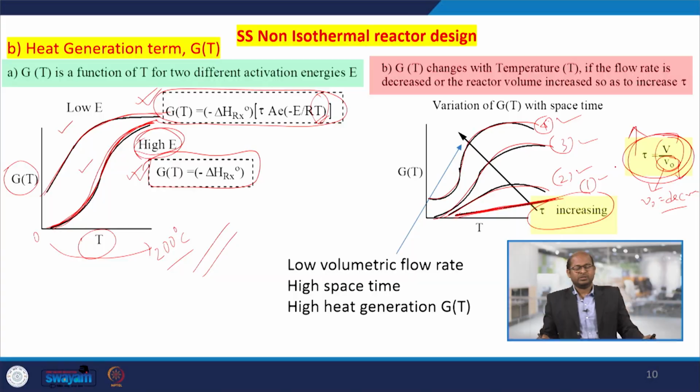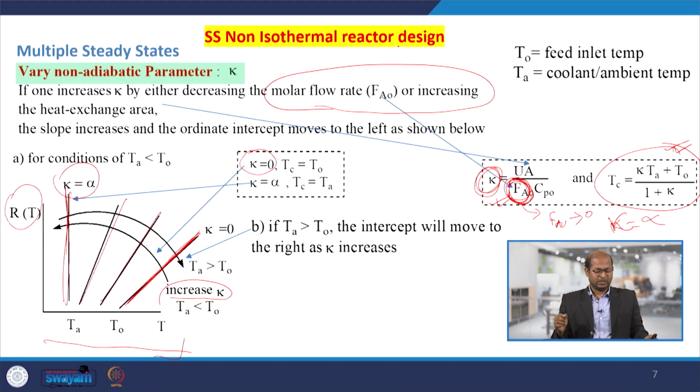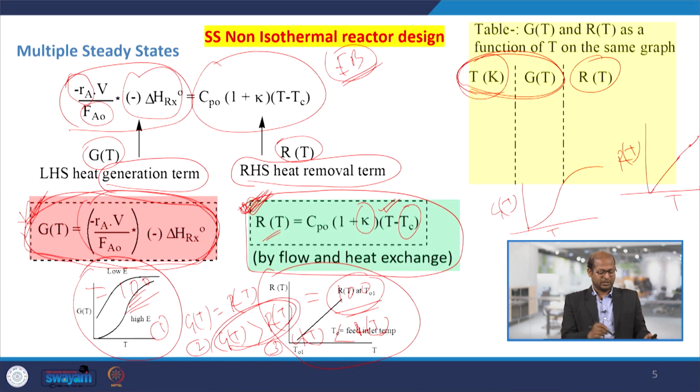So, this way we can vary the volumetric flow rates. I said heat generation and removal terms both are there whenever we are considering any reaction or reacting system. Heat generation should be there, and at the same time heat removal should be there; both take place simultaneously for a system.